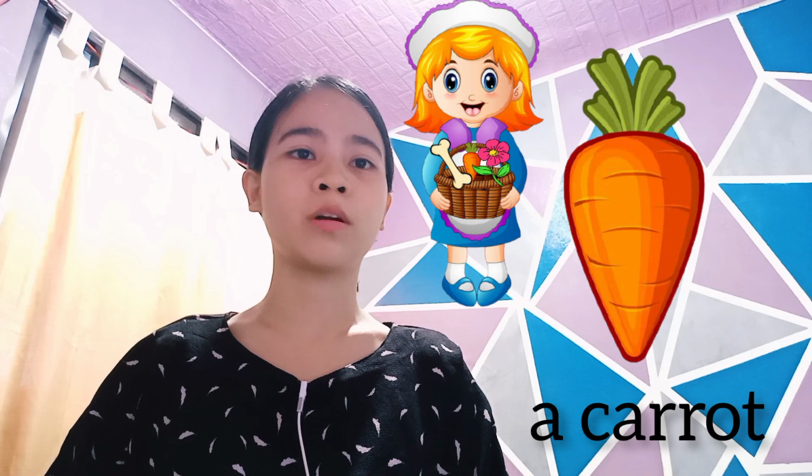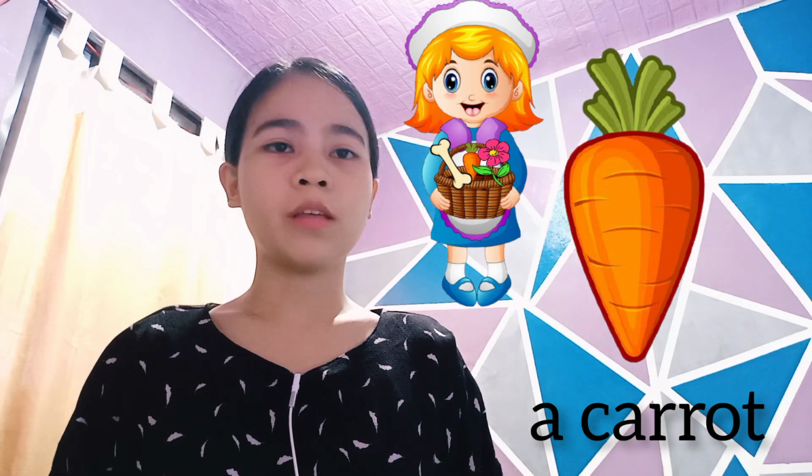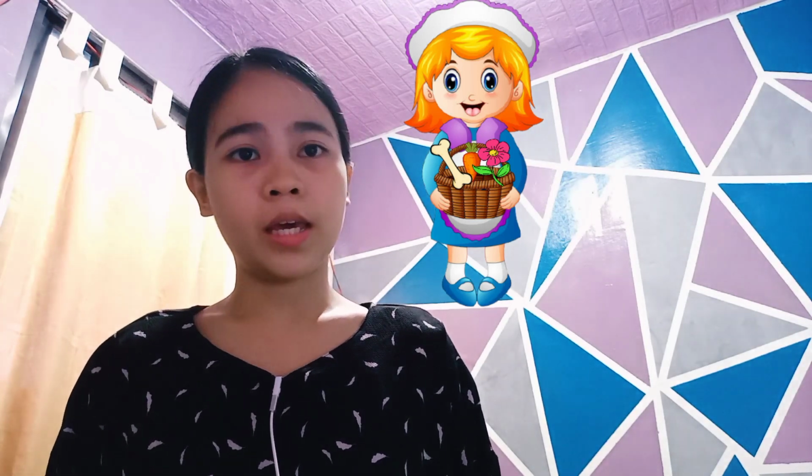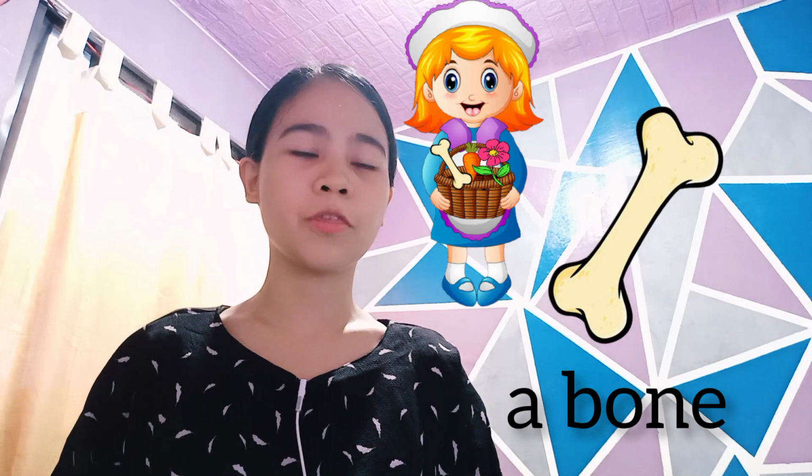That illustration is the way for them to understand the word itself. The second thing you can see in the basket of Rose is a bone. The third is a flower.